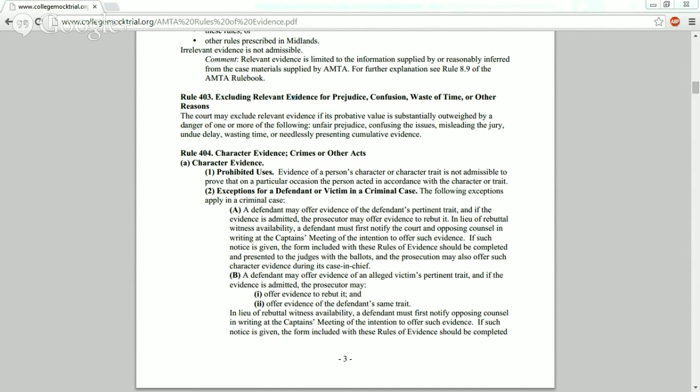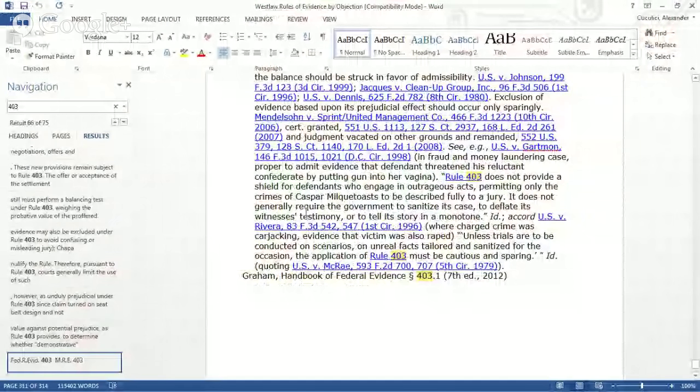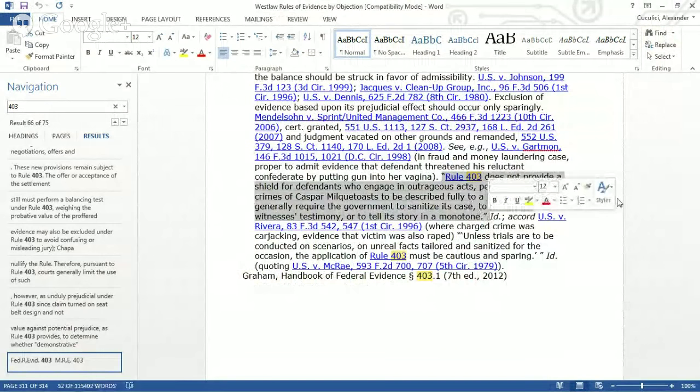Now I'm going to pull something else up on this screen. This is real life case law here. I'm going to highlight what I'm reading here. I just thought this was really good in explaining 403 in a very legal way, but hopefully one that's understandable. Rule 403 does not provide a shield for defendants who engage in outrageous acts, permitting only the crimes of Caspar Milquetoast to be described fully to a jury.